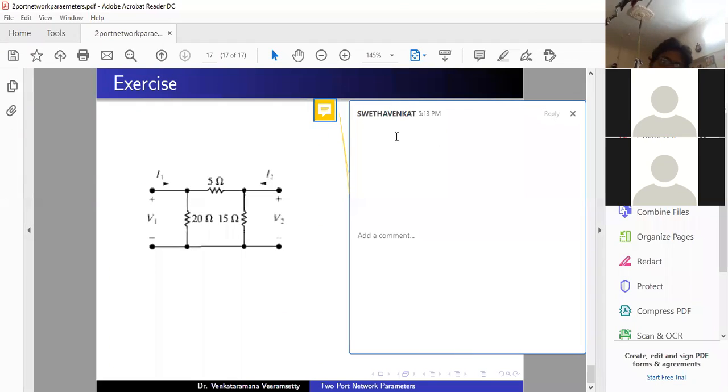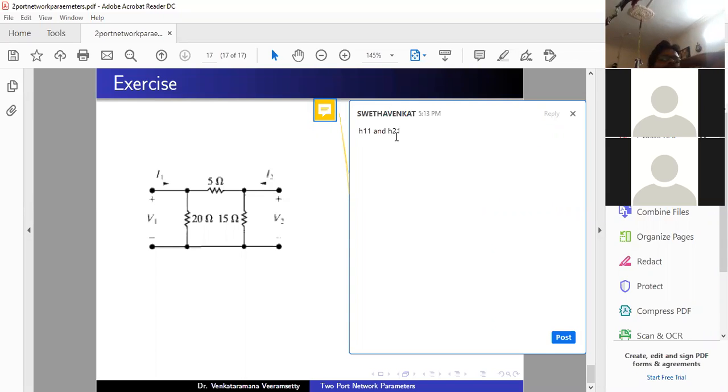So for this two-port network which is available on the screen, I want to calculate the hybrid parameters. First I want to calculate H11 and H21.